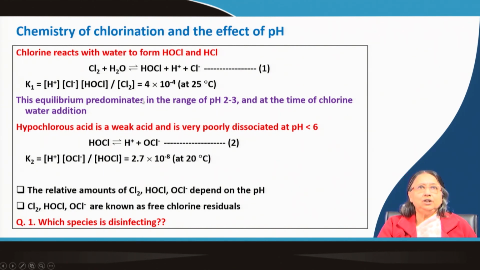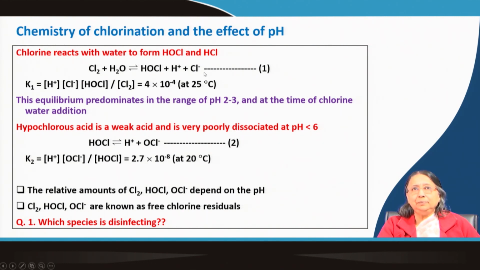Now, from this you can easily understand that this equilibrium predominates in the range of pH 2 to 3 and at the time of chlorine water addition. When you add chlorine in the water, immediately this reaction occurs, and then pH goes down, because H plus is produced. So, if you can remove the H plus, then slowly the reaction will shift towards the forward direction, is not it.